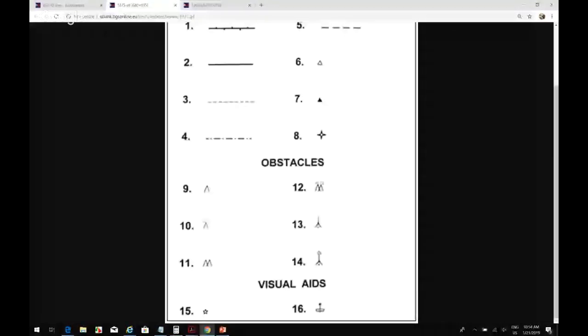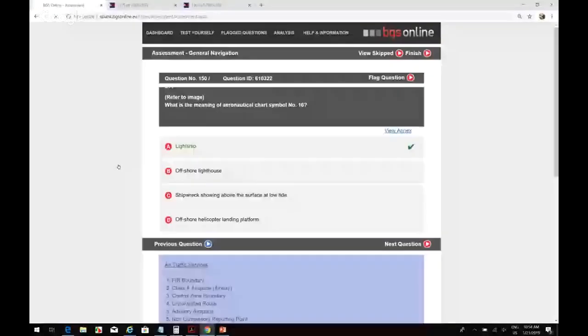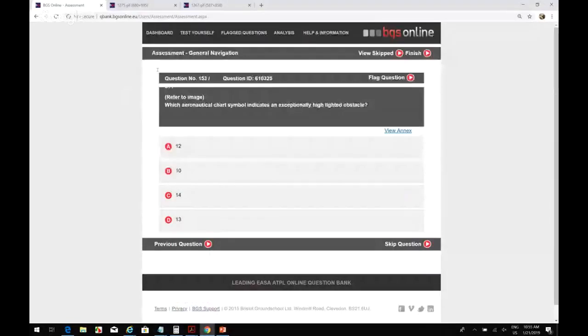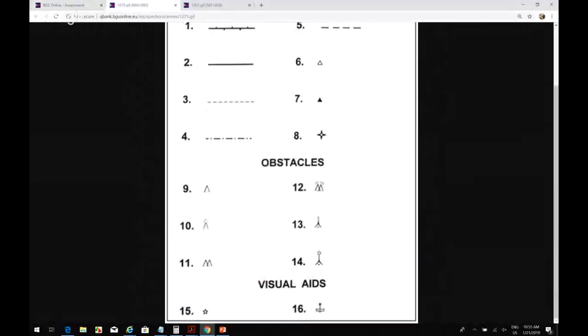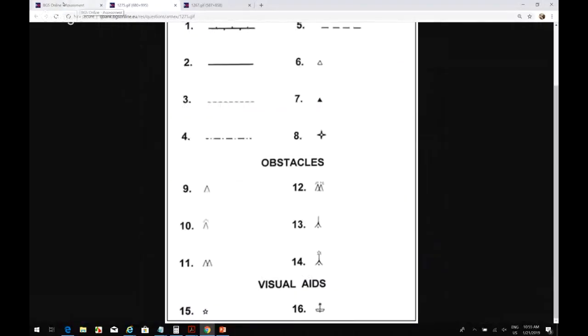Is that the one we just did? Let me just go back. A light ship. Yeah, aeronautical ground light. That's 15. Which chart symbol indicates an exceptionally high lighted obstacle? Number 14. Which is a high unlighted obstacle? Number 13.